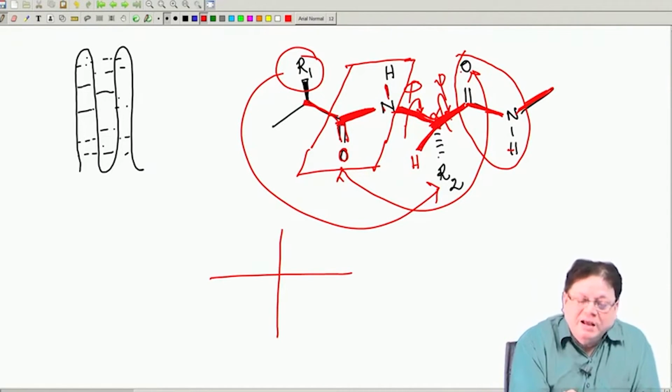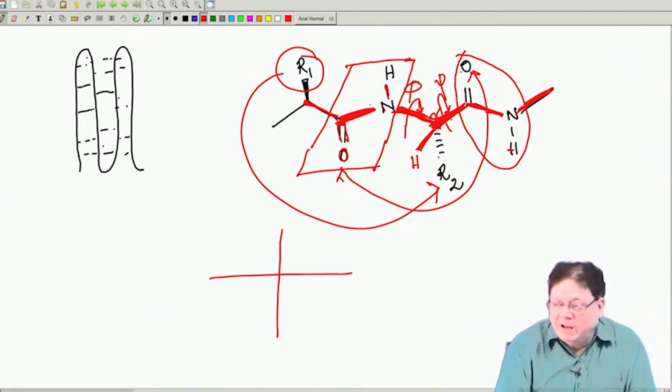Although we say that this carbon-nitrogen bond makes a phi angle and this carbon-carbonyl bond makes a psi angle, what is this phi and psi?